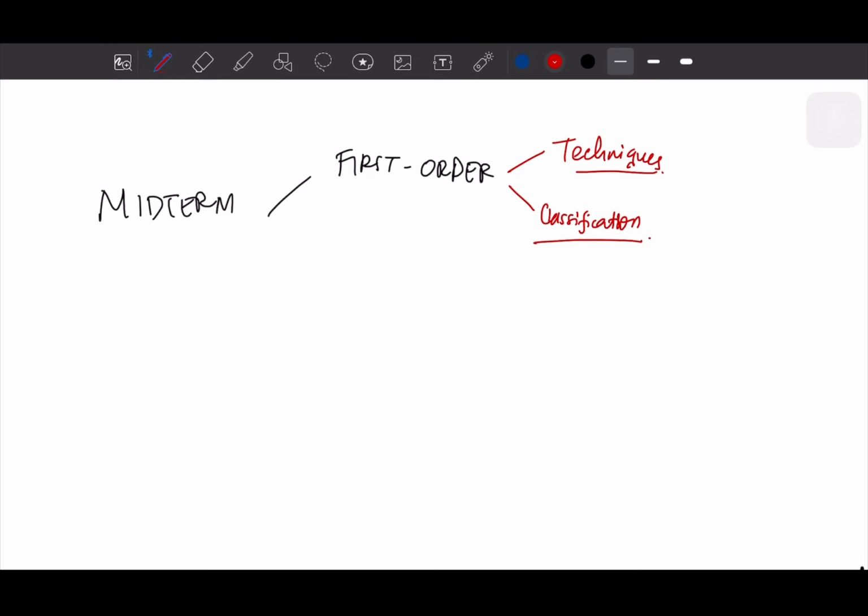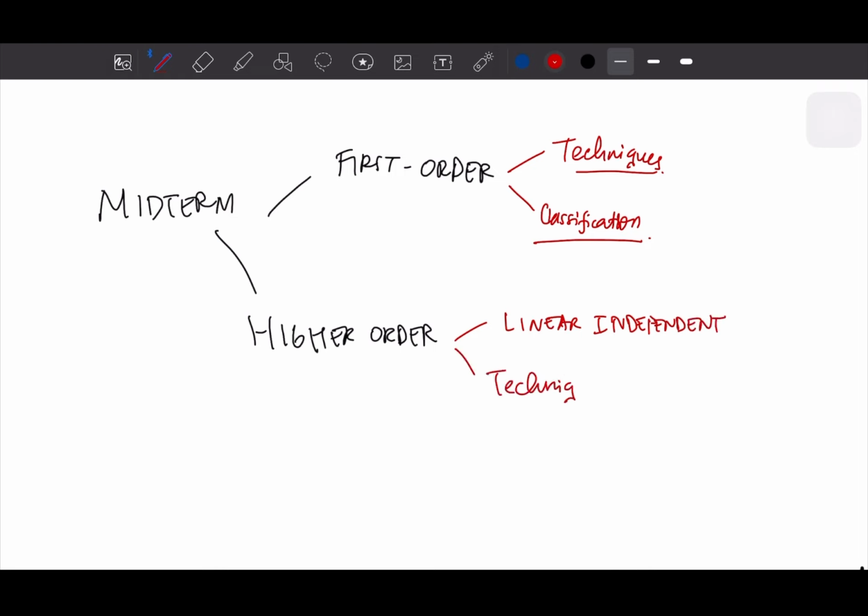Okay, and then the higher order. The first thing in higher order is to tell whether it's linear independent, right? Linear independent. The techniques we can have, like from the very beginning, the reduction, right?